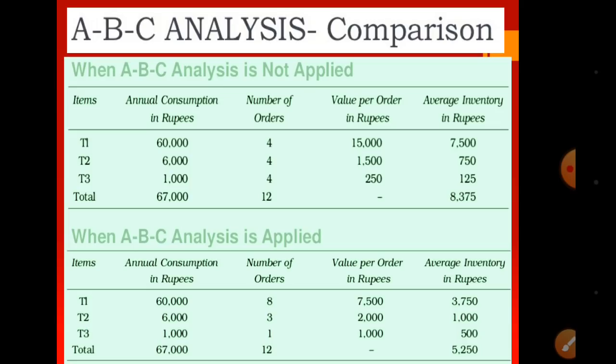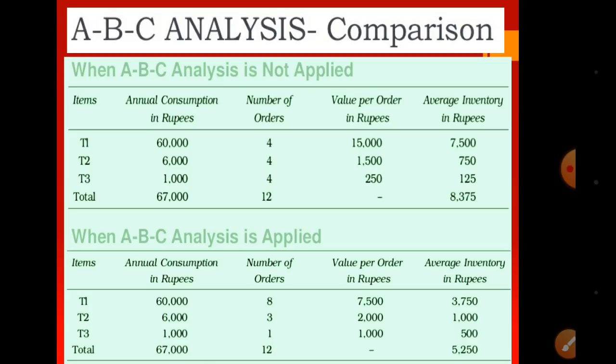And next, the number of orders: for T1 it is 4, for T2 it is 4, and for T3 it is 4. We can see here that the number of orders are the same in this case.